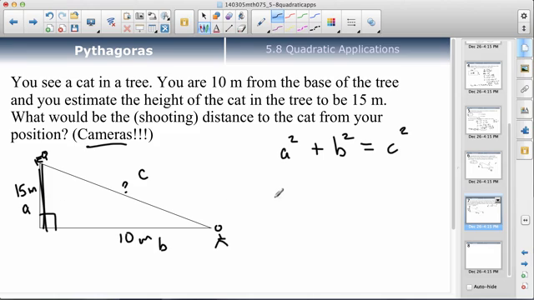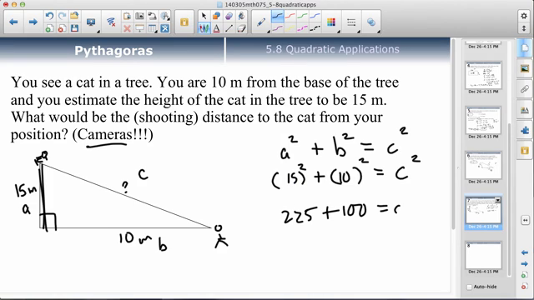So 15 squared plus 10 squared is equal to C squared. 15 squared is 225, 10 squared is 100, equals C squared. And now 225 plus 100 would be 325, which is equal to C squared.